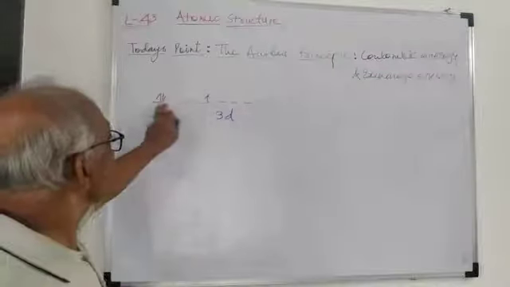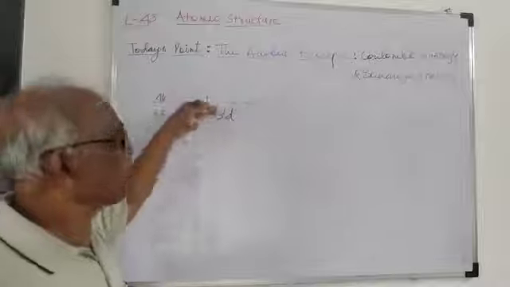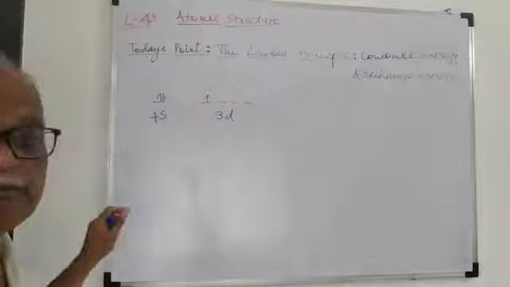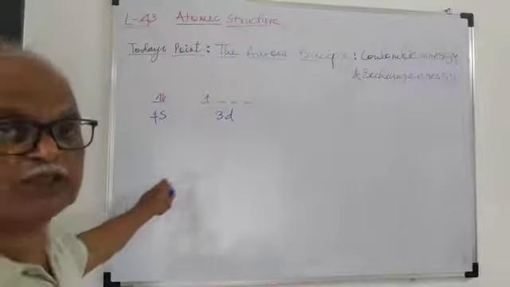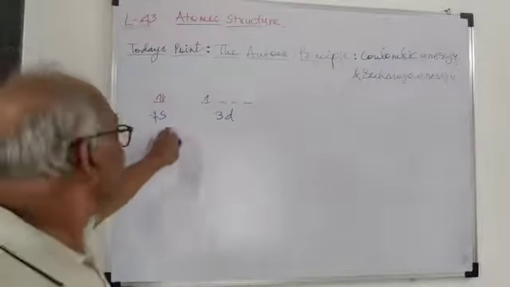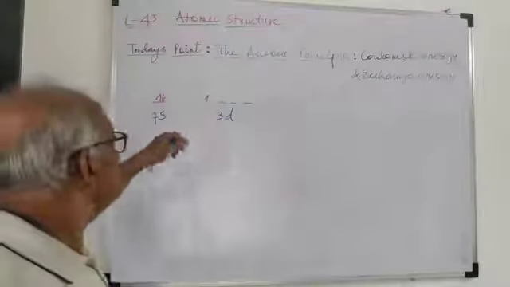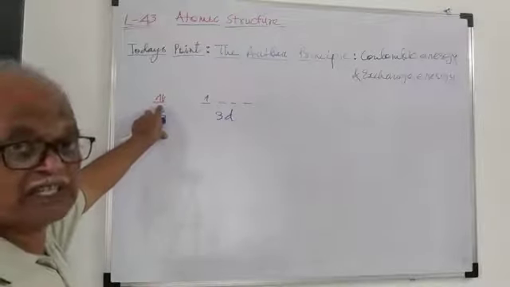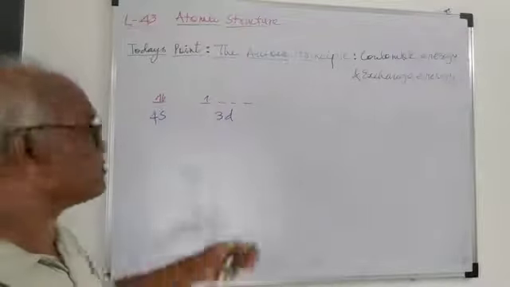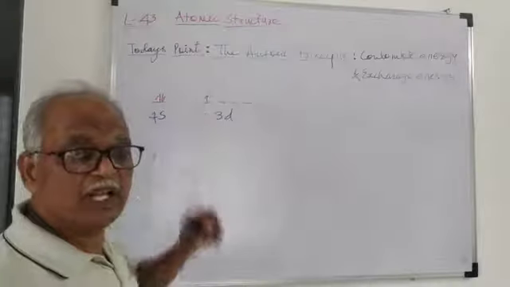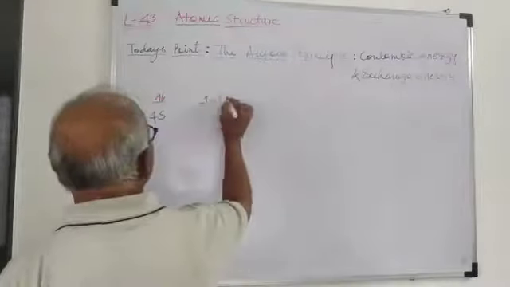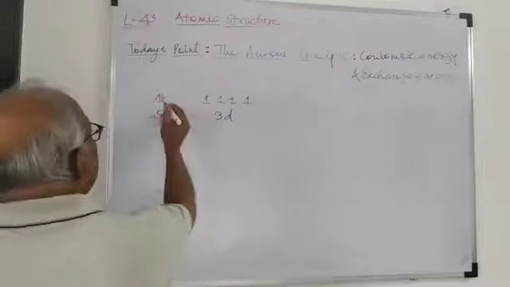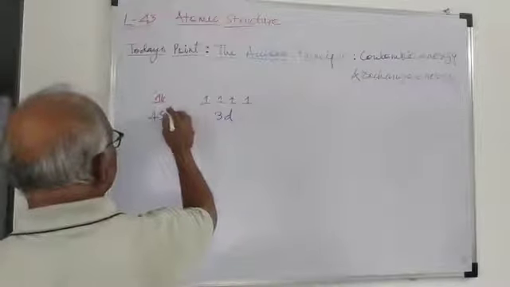Unless this is filled completely, the electron cannot enter into this 3d. Means we have to complete the first atomic orbital with its capacity. So this can occupy a maximum of 2 electrons. So we should distribute 2 electrons first here, and if we are having a third electron, then we can place it here. Again, if we are having the electrons like this, there are 4 electrons in the unpaired state, and we are having the paired electron like this.